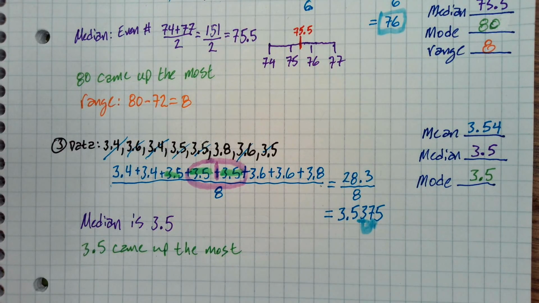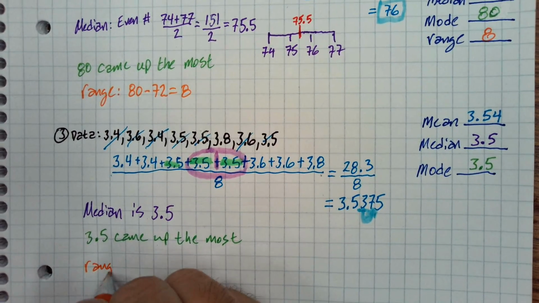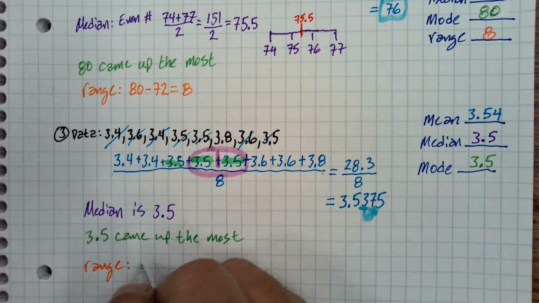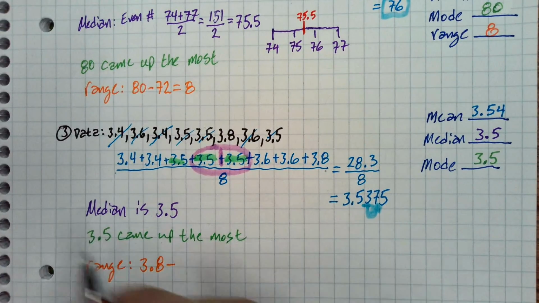I don't think 3.5 is going to be the range though. To find the range, we're going to take 3.8 and subtract away 3.4.